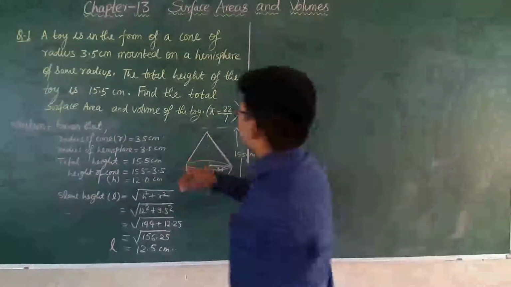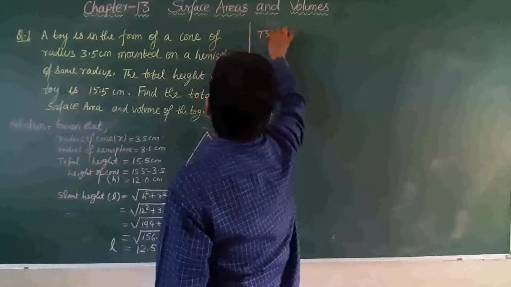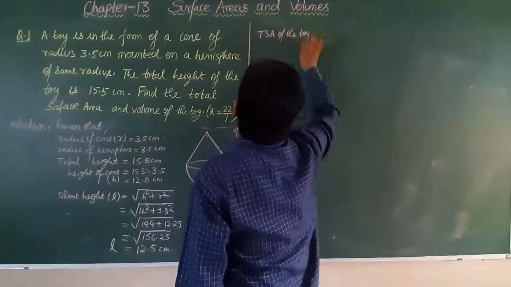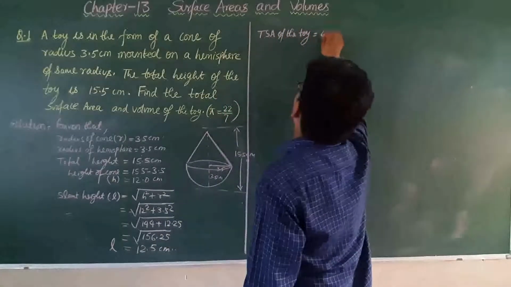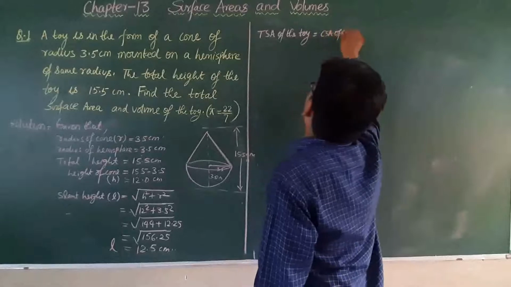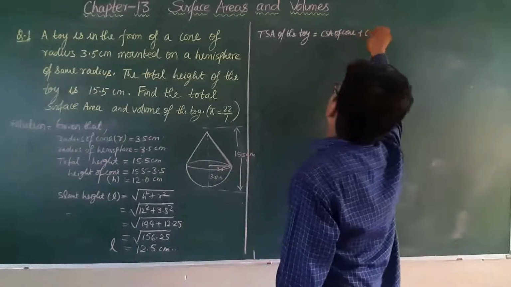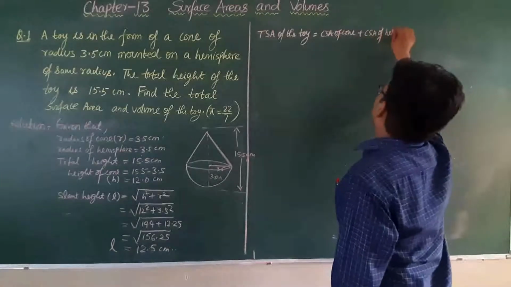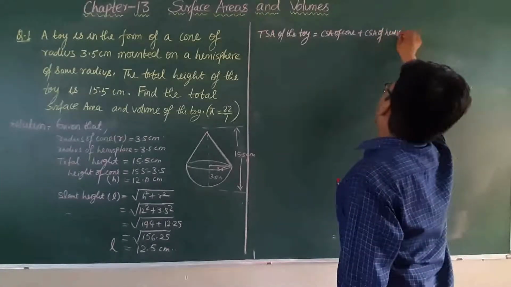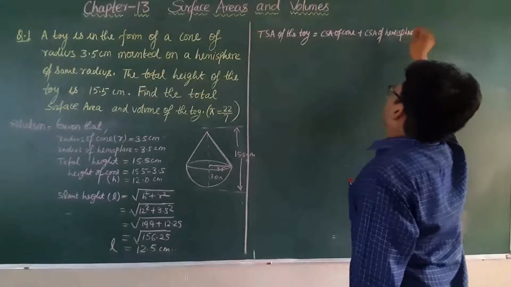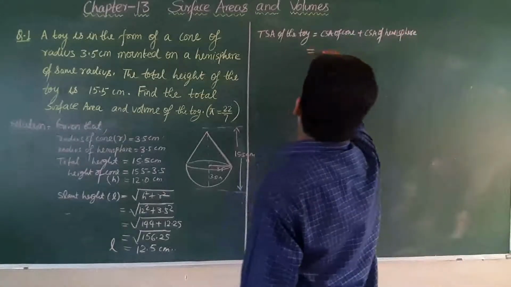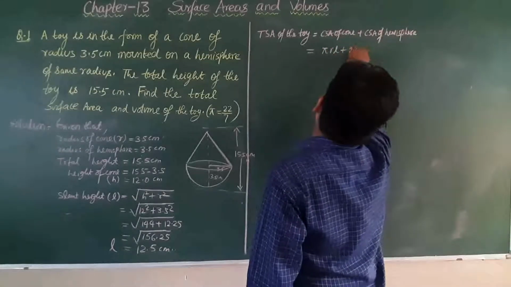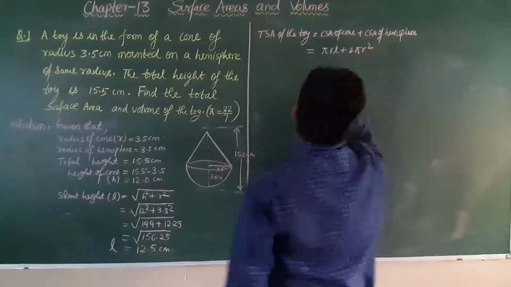Now the total surface area of the toy, TSA of the toy, that means CSA of the cone plus CSA of the hemisphere. So CSA of the cone is pi r L plus 2 pi r square.